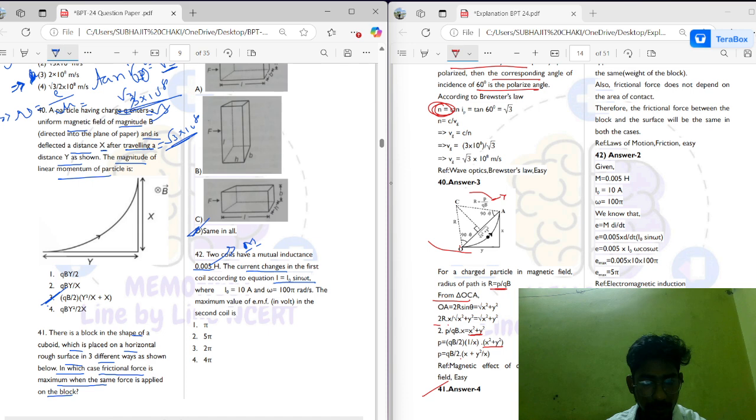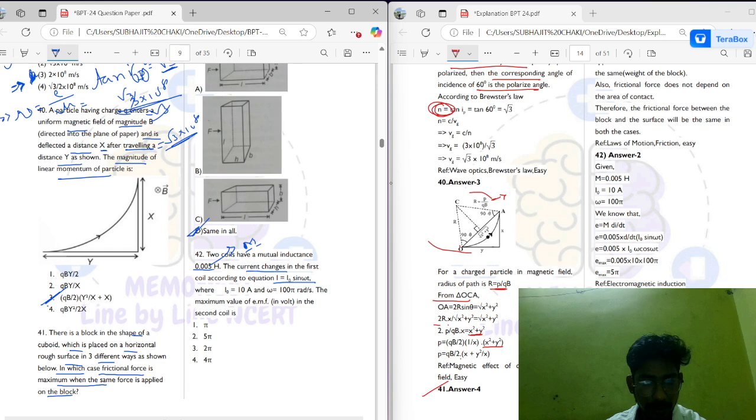What you have to calculate: you know that phi equals Li, or E equals L di by dt, right? Or M di by dt for mutual inductance. E equals M, that is 0.005, into di by dt.